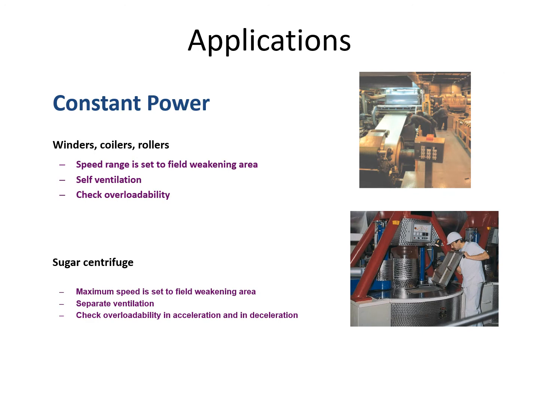When we will be talking about constant power, then we need to draw it again. So our axis, speed, power, and constant power looks like that, constant. What is happening to the torque then? Because we remember the power is the product of the torque and the speed. So then our torque should look like that.